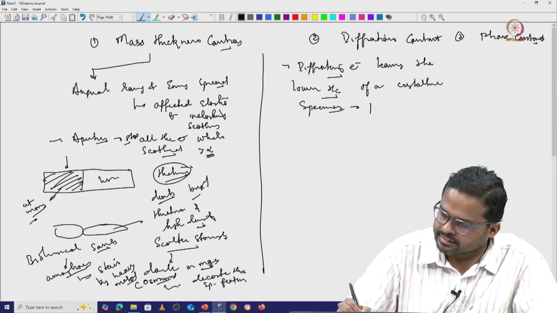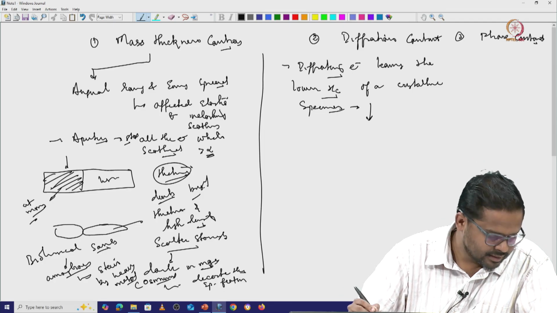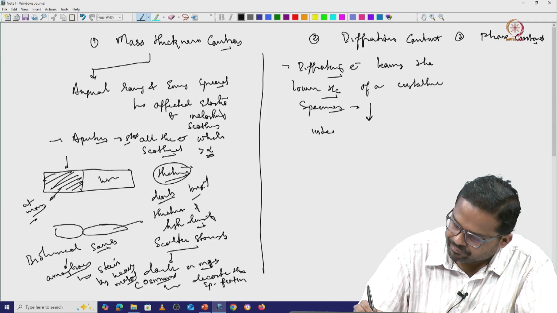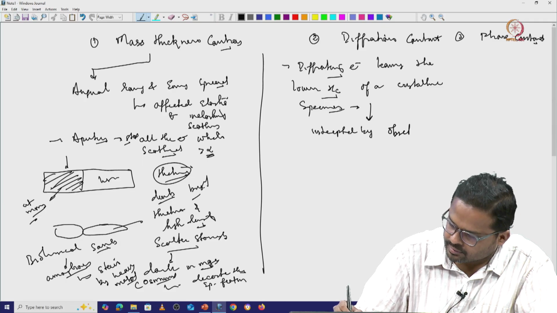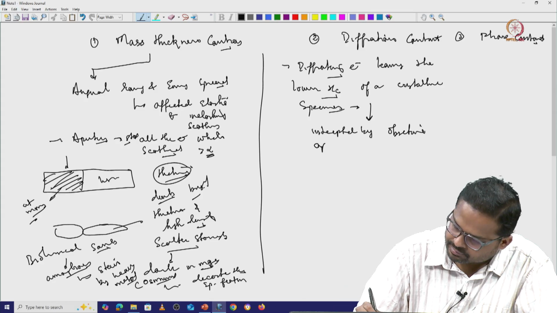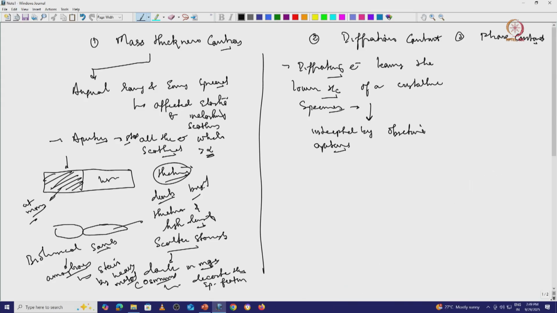and these diffracted beams are actually intercepted by the objective aperture in the lens system. Okay. So, some of the diffracted rays are intercepted by the objective aperture, so they are prevented from contributing to the image.